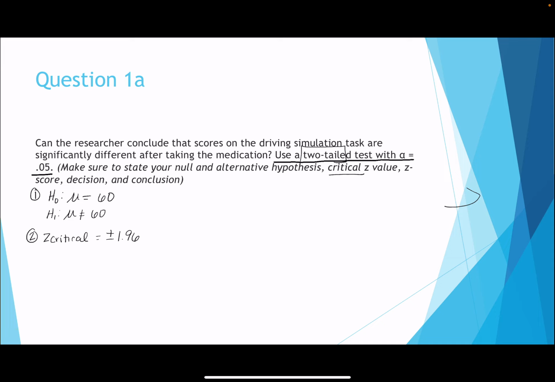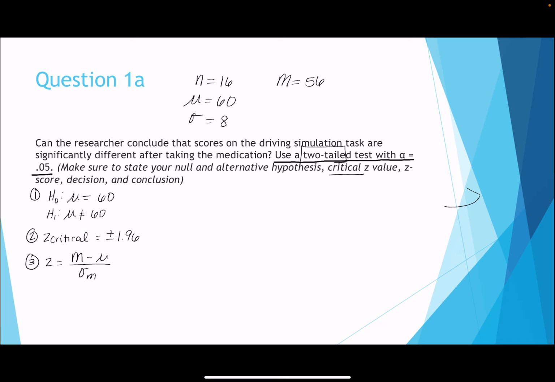So then the next thing we're going to do is find our z-score. So again, remember we're using z is equal to M minus mu over the standard error. As a note from the previous slide, our n was 16, our mu was 60, our standard deviation was 8, and the mean of our sample was equal to 56.